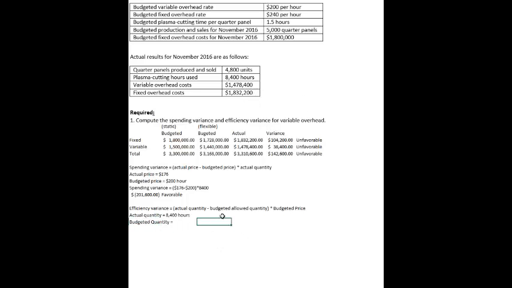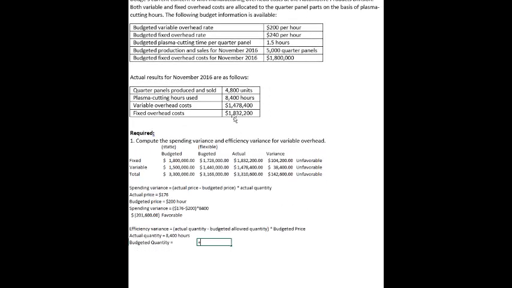The budgeted quantity says, okay, if we made 4,800 panels, we budgeted an hour and a half per panel. So it's the quantity produced times the allowed amount per item. So it's 7,200 hours. So we were allowed 7,200 hours. Then you take that and you multiply it by the budgeted price, which is the $200 an hour.